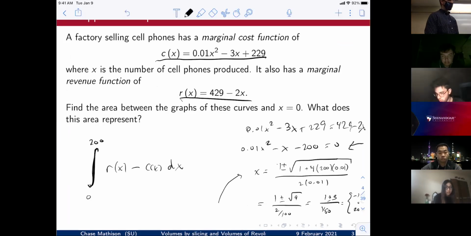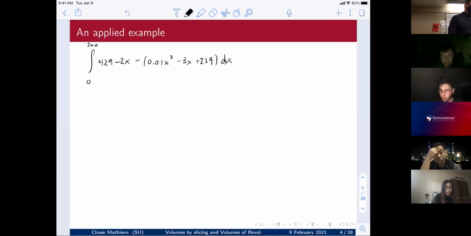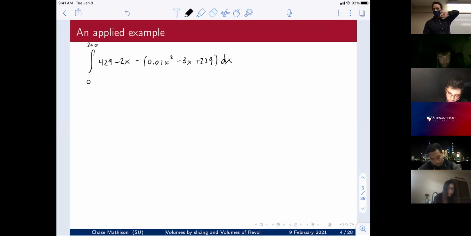When we plug everything into this integral, r of x and c of x, we end up with the integral from 0 to 200 of 429 minus 2x, the marginal revenue function, which is the top curve, minus the bottom curve, the marginal cost function.